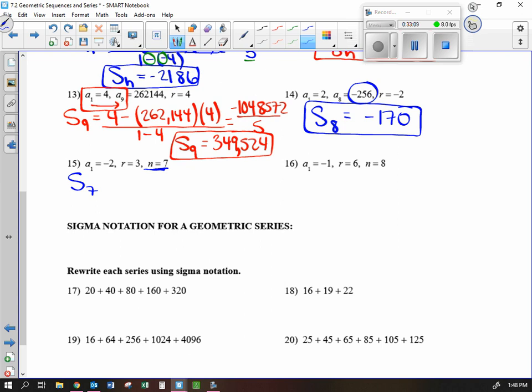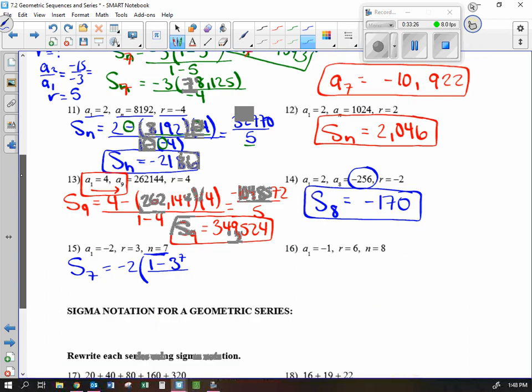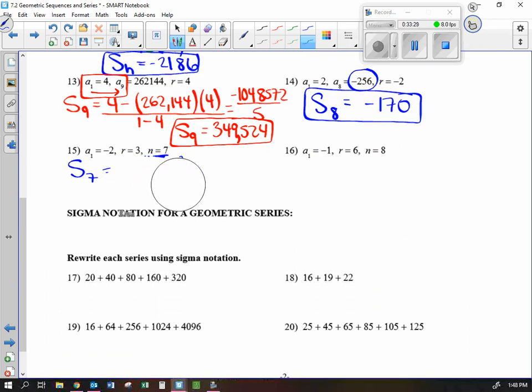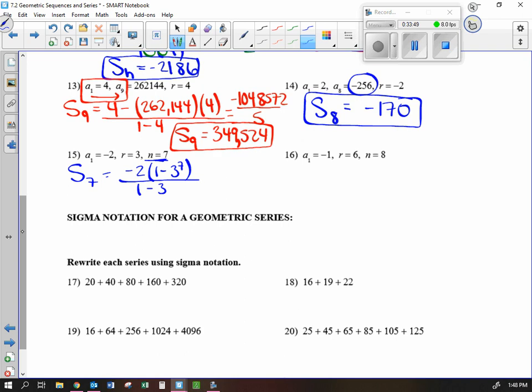So capital S sub 7 is going to equal negative 2 times 1 minus 3 to the 7th, all over, you know what, the way we wrote it in our notes above, it's actually going to be negative 2 up in the numerator with this 1 minus 3 to the 7th, sorry about that, and then all over 1 minus 3. That's the way we wrote it, and I want to make sure we write it that way down here in number 15 as well.